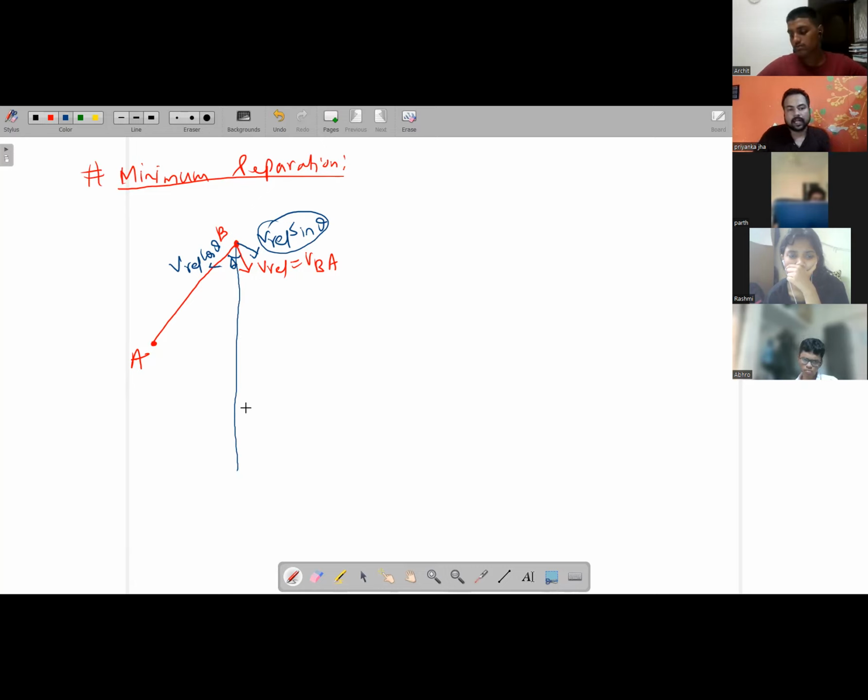After some time B will come over here, and again the direction of velocity of B will be this, and join this point.